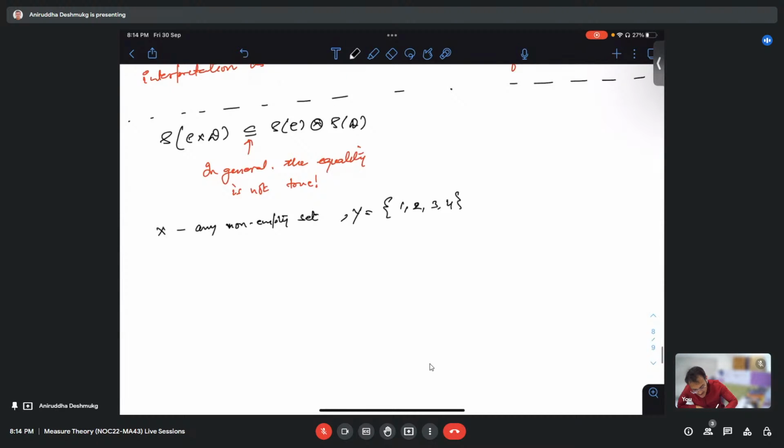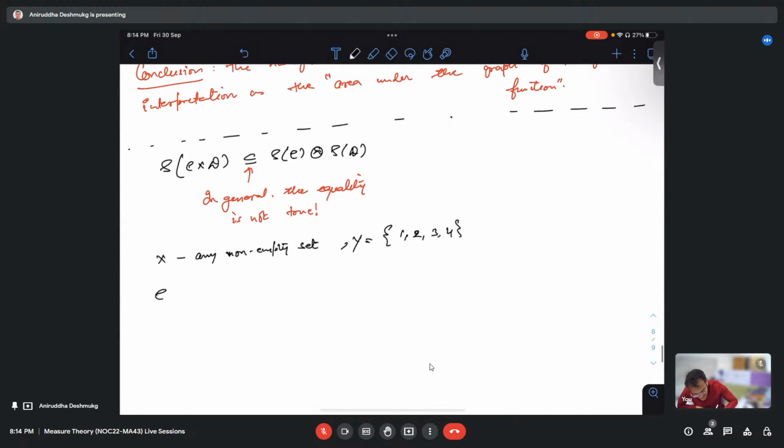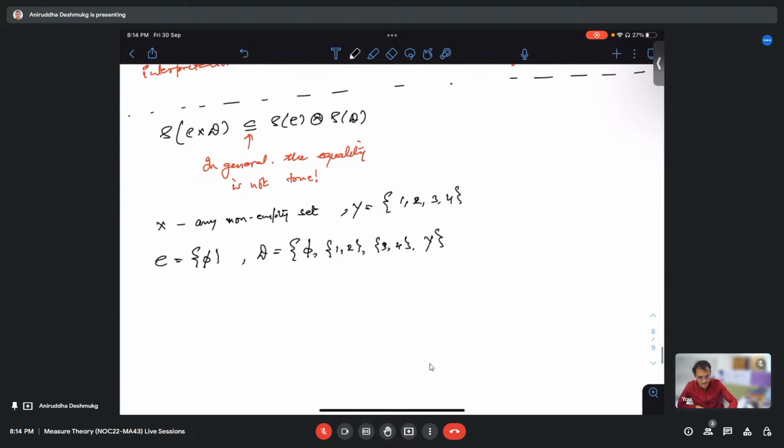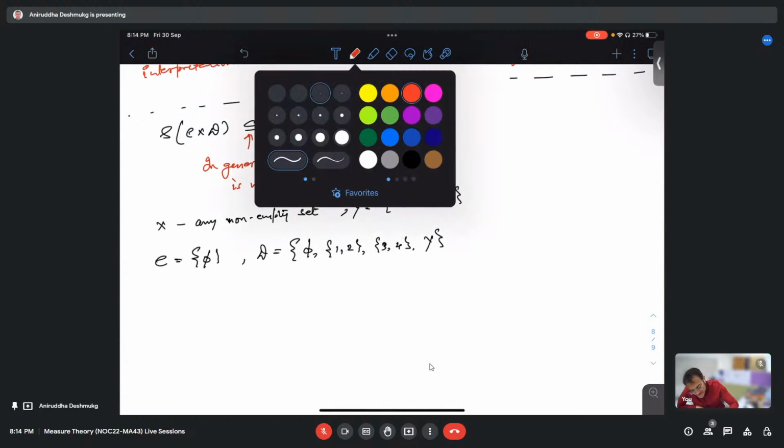The idea is this: let us consider the collection containing only the empty set, not the empty collection, and let us consider this {1, 2, 3, 4} and the whole of Y. So D itself becomes a sigma algebra.